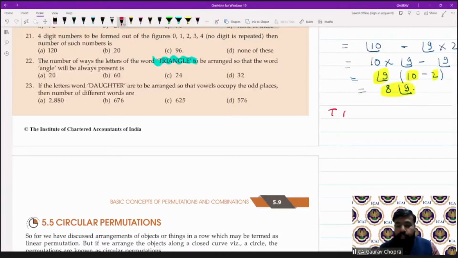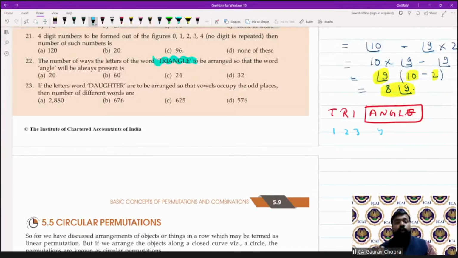TRIANGLE. So we can tie all the letters of angle. How many positions are there? 1, 2, 3, and 4. So 4 positions are there, and all these 4 can be arranged in factorial 4 ways. Now we cannot rearrange angle because the question is saying the word angle should be there.